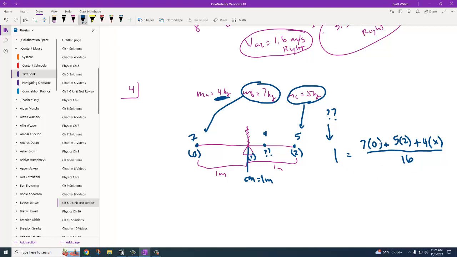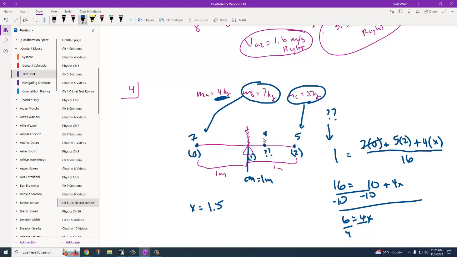This makes this problem easy to solve. 7 times 0 is obviously 0. I can multiply by the 16 over and get 16 equals 10 plus 4x. Subtract the 10. Sorry, there's where my line should be. 6 equals 4x. If you divide by 4, x comes out to be 1.5.